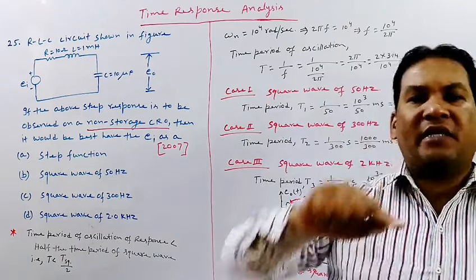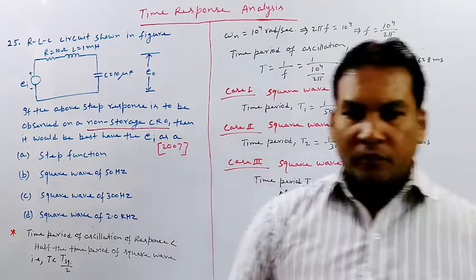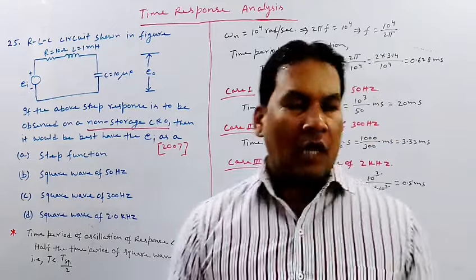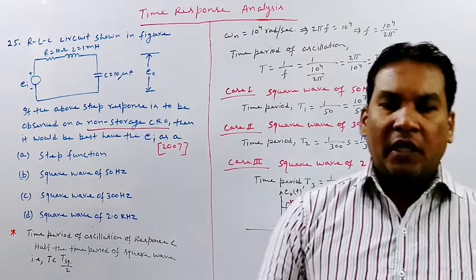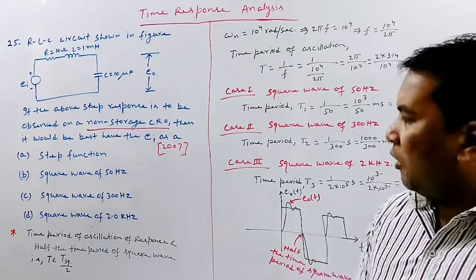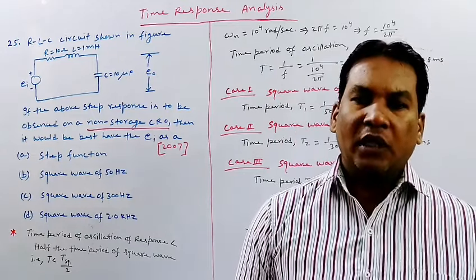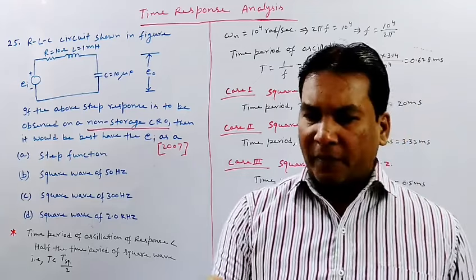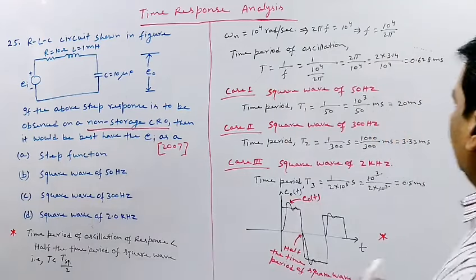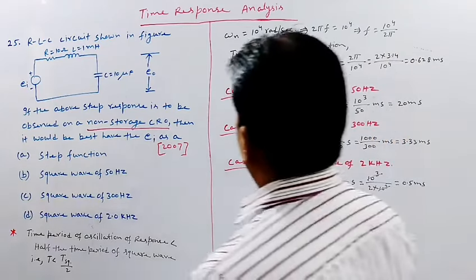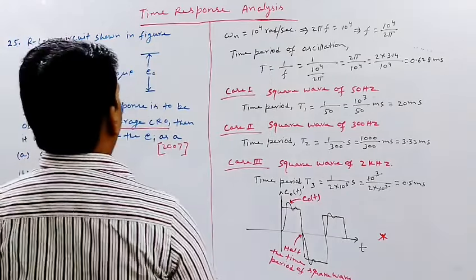We will see a spike. We will not be able to see the response properly because it will be compressed very much.